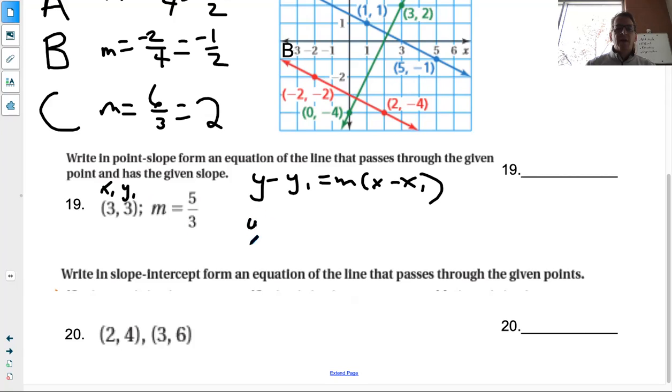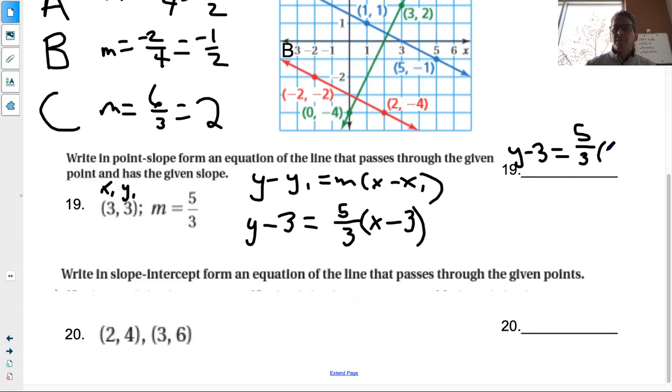So your answer would be y minus the y, which is 3, is equal to the slope, 5/3, times the quantity x minus the x, which is 3. And I'll circle my answer on that one also.